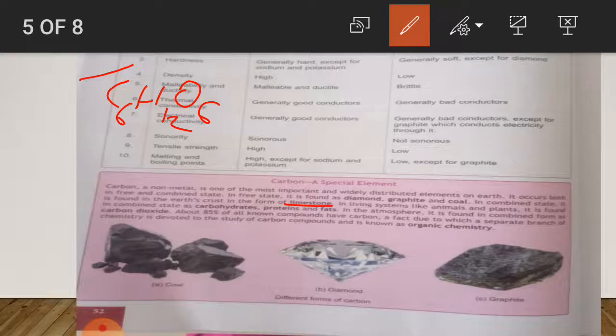Now about protein, C2H5NO2. This is a chemical formula of glycine. Glycine is an amino acid, and two or more amino acids combine to form protein.